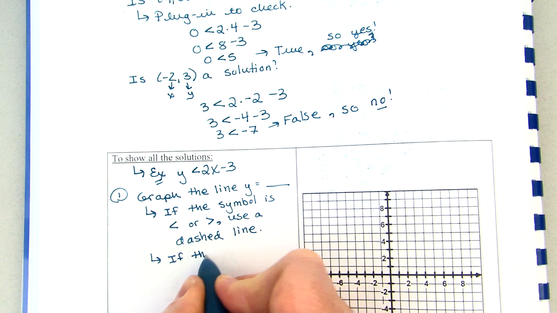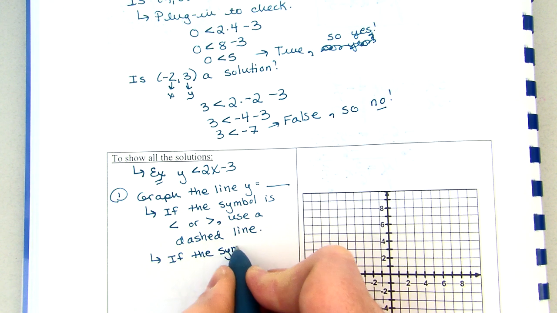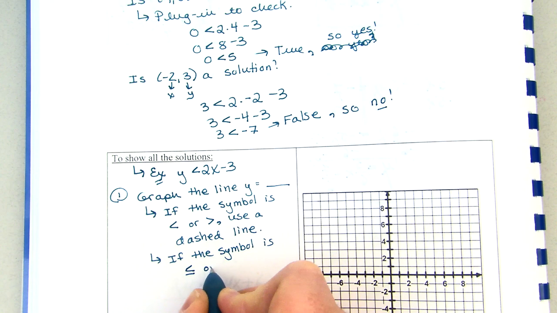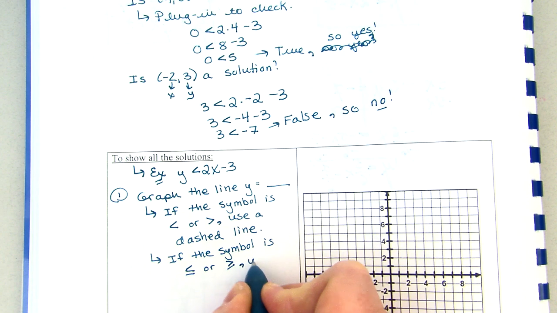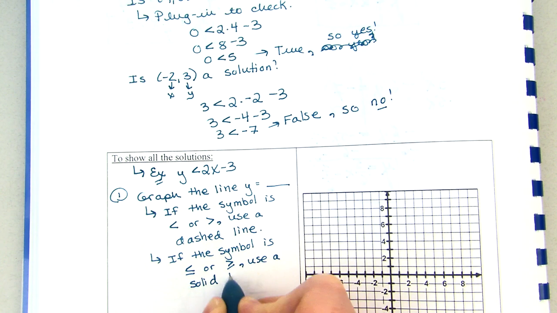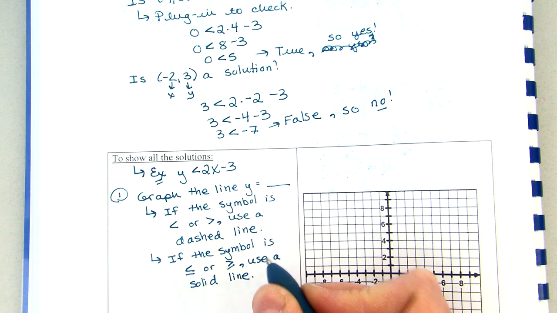And if instead the symbol is less than or equal to, or greater than or equal to, we are going to use a solid line.